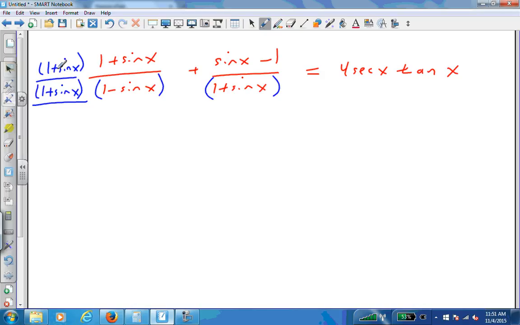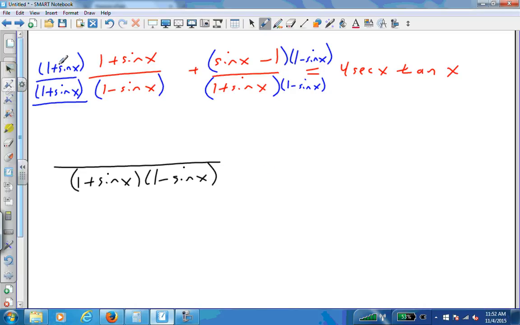If we multiply by a new 1 plus sine x on bottom, we have to multiply by a new one on top. On the second one, it needs a 1 minus sine x on bottom. So if I multiply by a new 1 minus sine x on bottom, we have to do the same thing on top. So that gives us 1 plus sine x times 1 minus sine x as our common denominator.